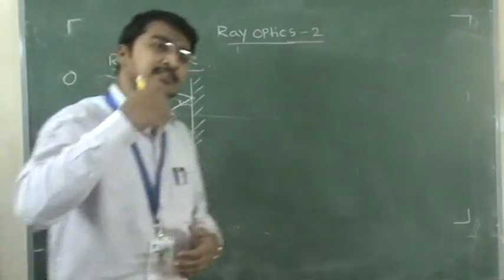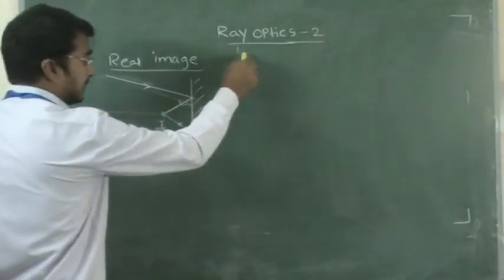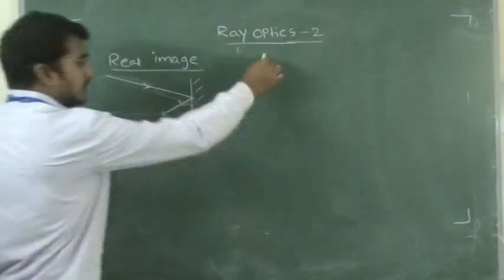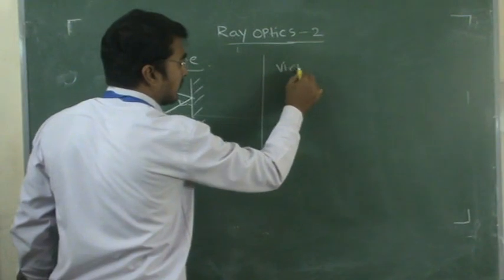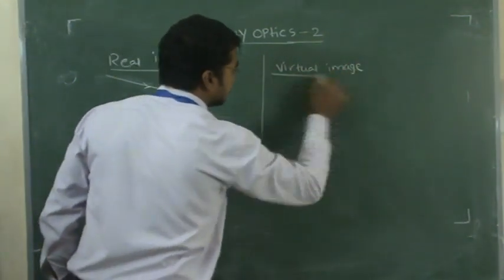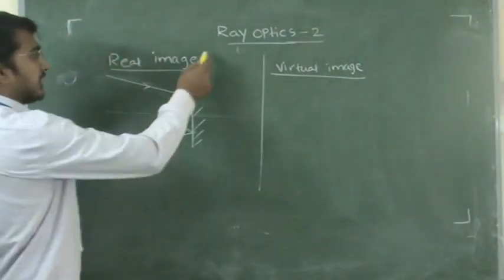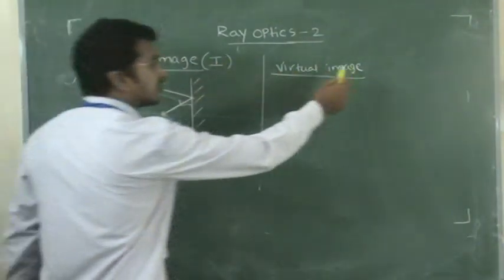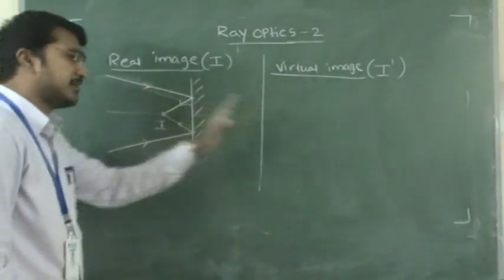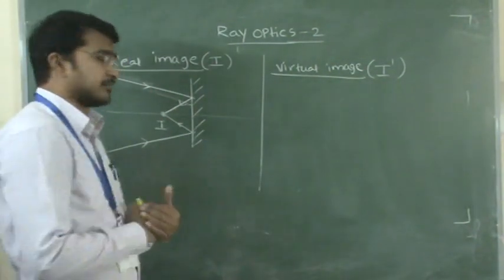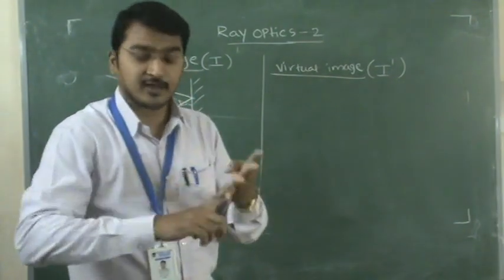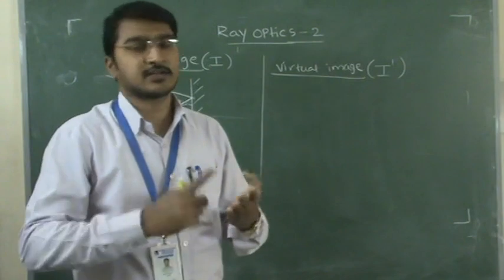Now what is virtual image? Real image I am indicating as I, virtual image as I dash. We can take the same diagram, because everything is present in one diagram: real object, real image, virtual object, virtual image.